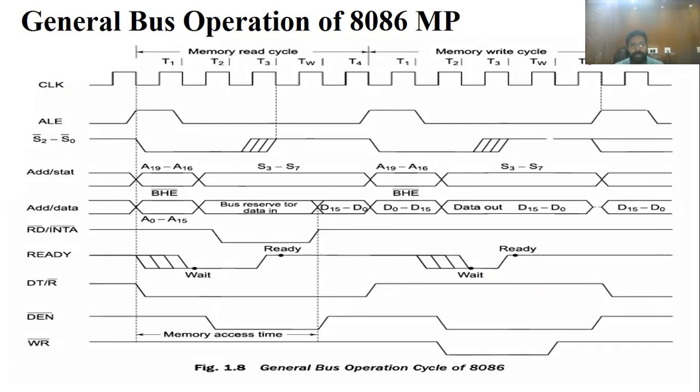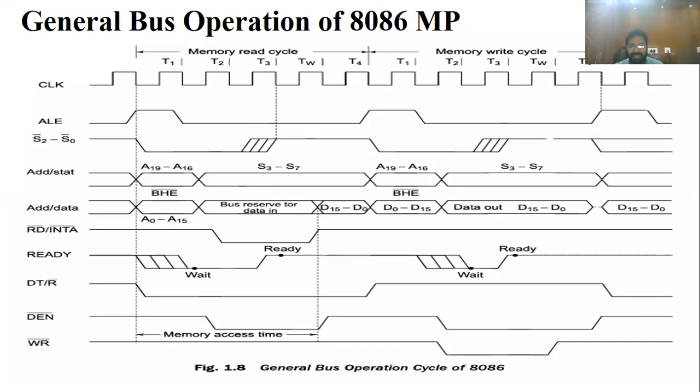We will see it in the timing diagrams of the read cycle as well as the write cycle, memory read and memory write cycles. Okay, these we can call timing diagrams.